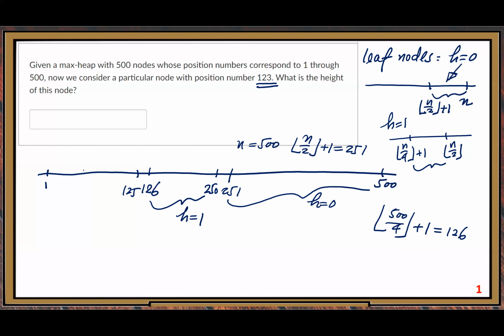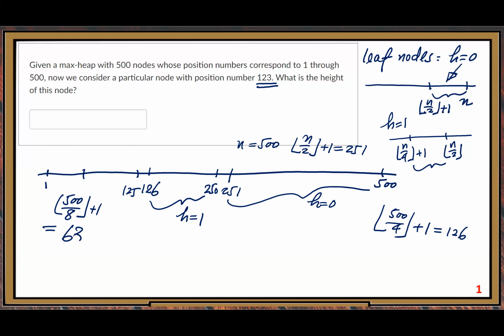For height 2, the lower bound should be 500 over 8 plus 1. What's that? 62, right? 62 plus 1, 63.